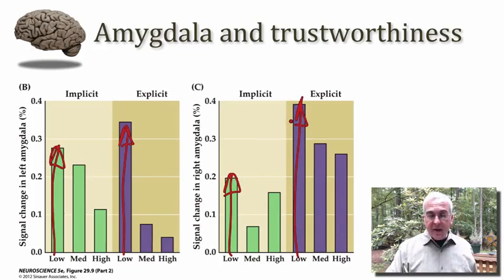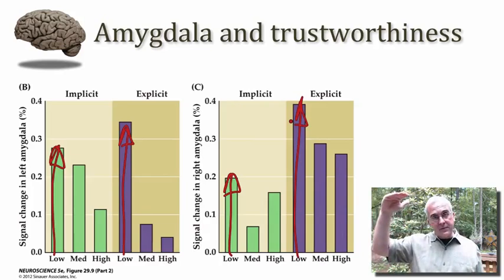That is to say, if we are in a social situation and interacting with an individual and we're beginning to believe that we might not want to trust this person, that sense of not wanting to trust seems to be associated with elevated levels of amygdala activity.